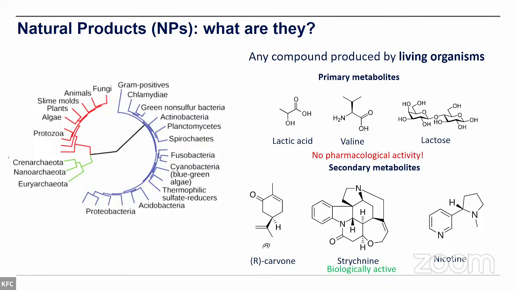And then we have secondary metabolites, which are sort of non-essential specialized things like pheromones and toxins that organisms use for protective purposes, like to scare away predators, stuff like that. And because they were developed for these specific purposes, they usually have some biological activity.